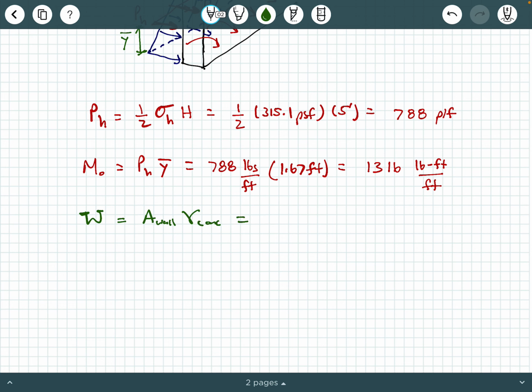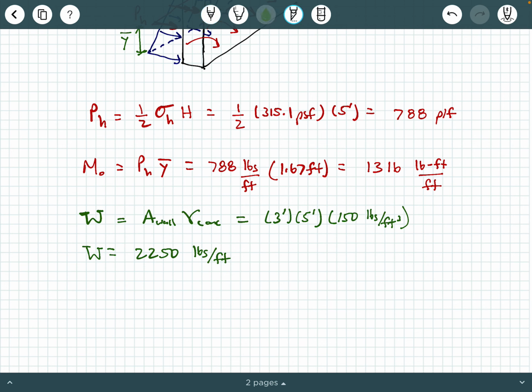And so what's the area of the wall? Well, that cross-section area of the wall is 3 feet times 5 feet. And then the unit weight of concrete is 150 pounds per cubic foot, or PCF. So the self-weight of the wall is going to be 3 times 5 times 150. And so that's 2,250 pounds per linear foot, okay?